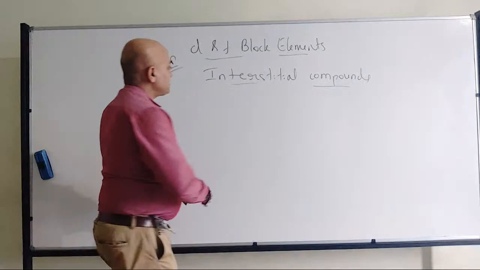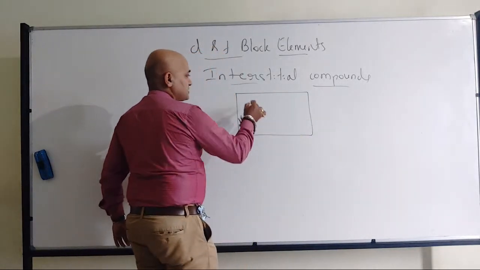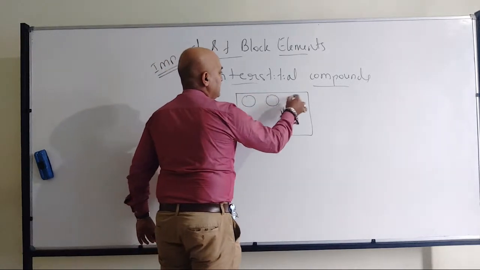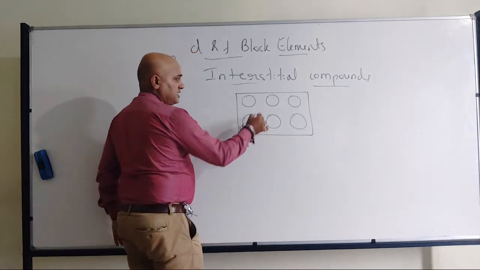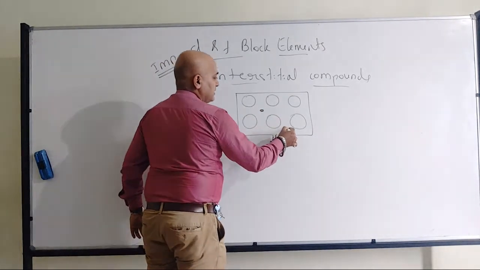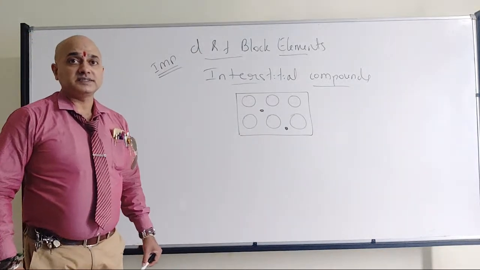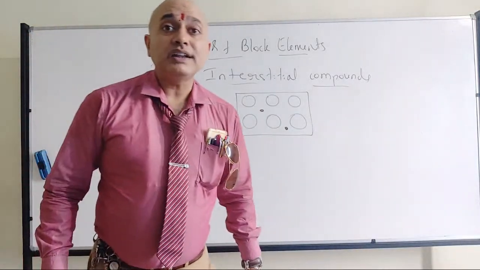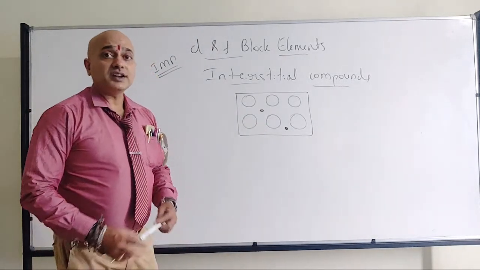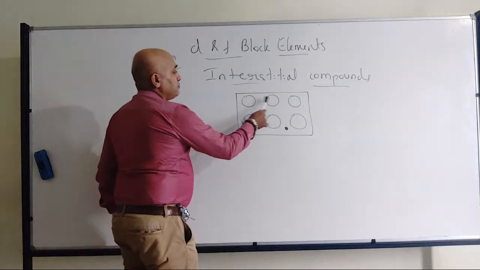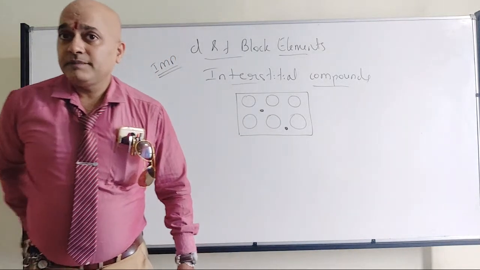That's where we have a solid structure with a regular element belonging to that structure, but in between there can be another element of smaller size. This condition is called interstitial, where between the elements there is the presence of another element.